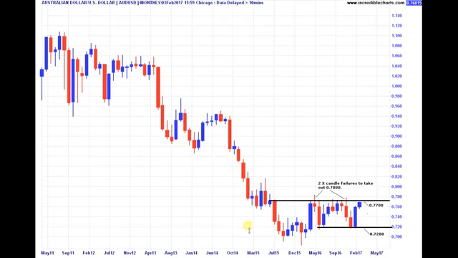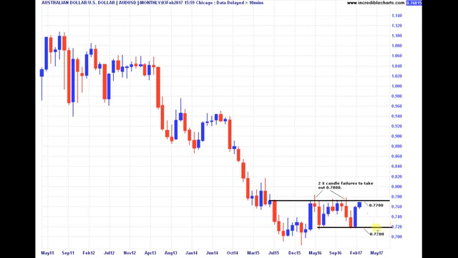Now, we're coming up to test the 77 level, which I think is good resistance. We did have a couple of pokes above, trying to test 78, but they failed back down. And we're coming in to the top of the range, so we're going to see if this holds. We have a feeling it will, which will become clear when I come to the daily chart.